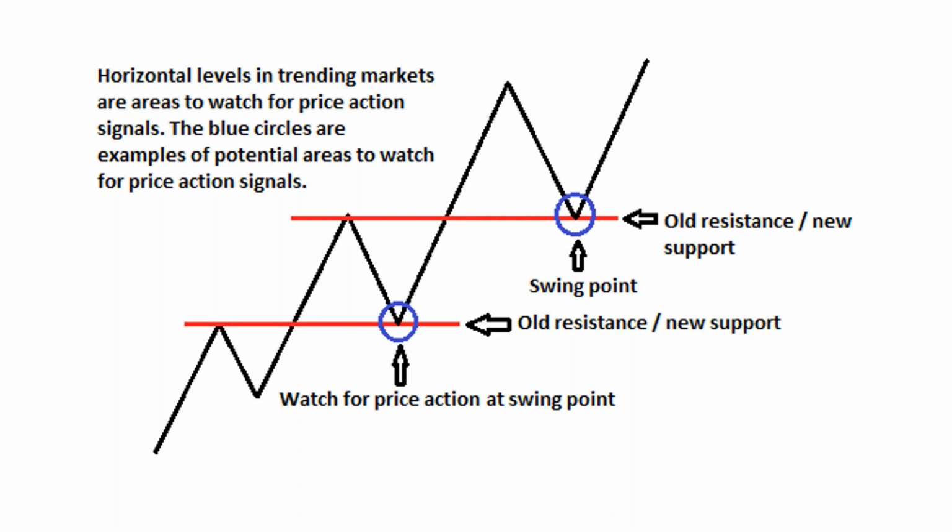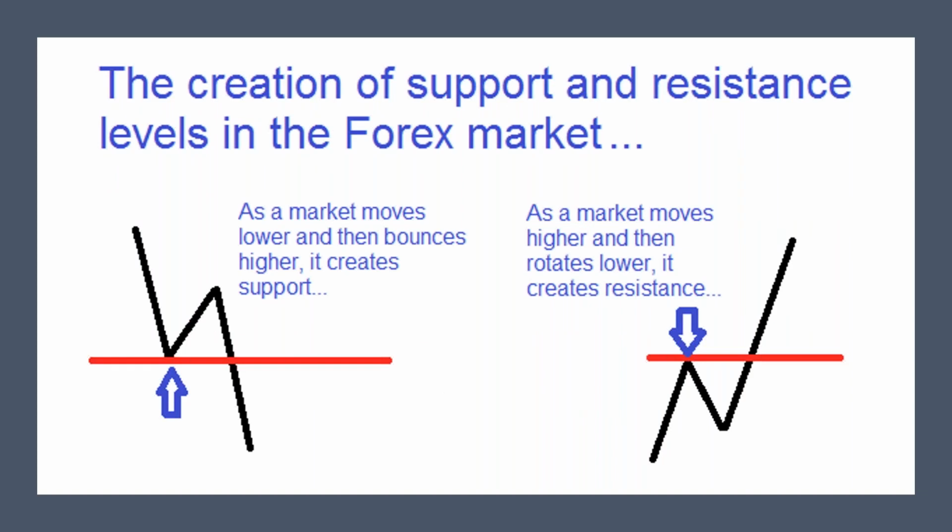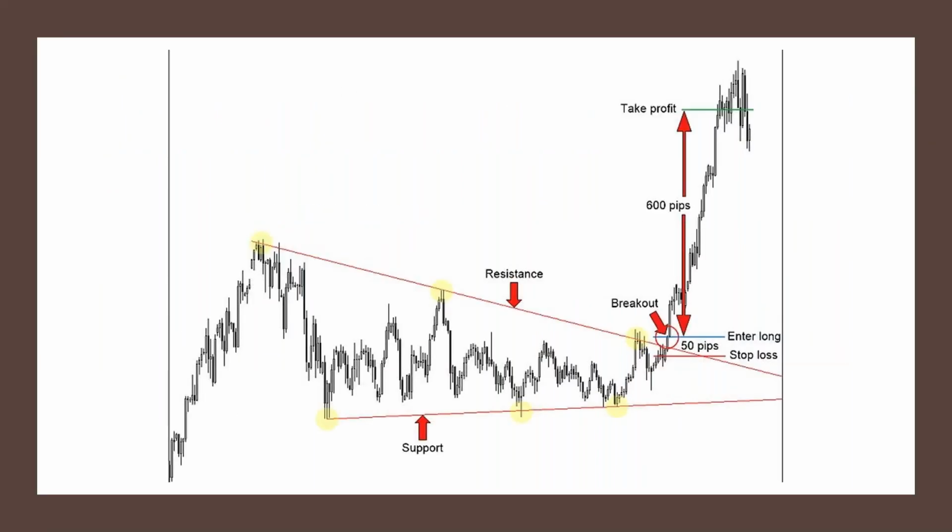Now, if we just call these the price levels, or the steps as price is going up and the steps as the price is coming down, this is what makes support and resistance, or price levels.